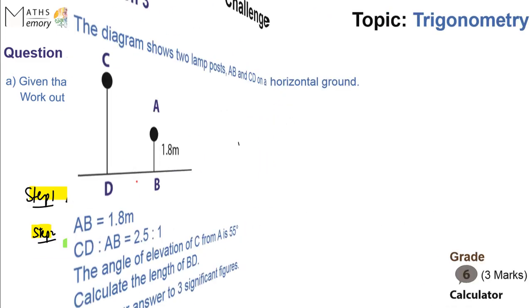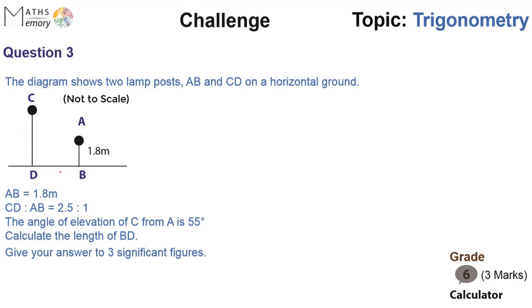There we go. Question 3, challenge. Press pause, draw this diagram, find the length BD, and press play when you're finished. So let's try to find out this question over here. The question is saying to find out the length BD, which is over here. Let's read this.